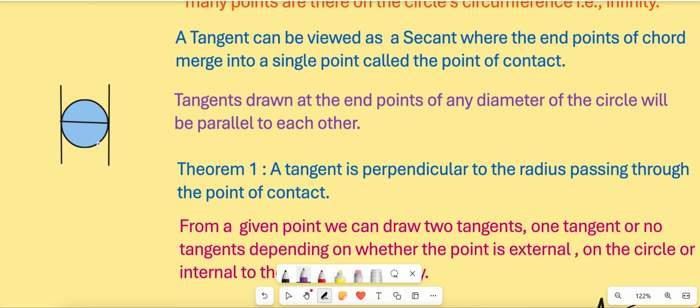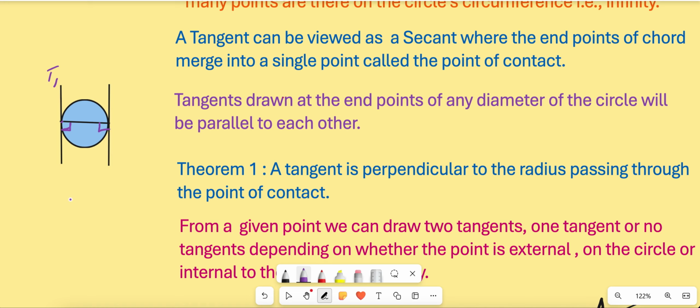The proof is simple. The diameter is a line and tangent T1 is another line. At the point of contact, the radius line is always perpendicular to the given tangent line.